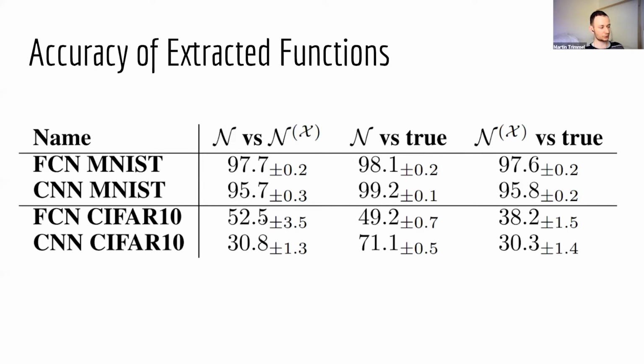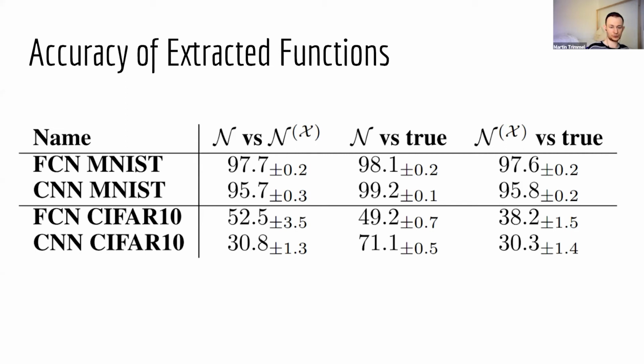Here we've used multiple architectures, and these results are average values. So we see that there is a drastic drop in the test accuracy of the CNNs and a relatively small drop in the test accuracy of fully connected networks.